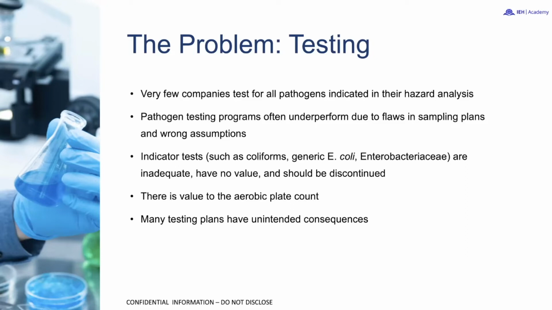Every other indicator organism that you can think of, whether it be coliforms, fecal coliforms, generic E. coli, or even Enterobacteriaceae, is a very much flawed indicator organism. Others in my profession have gone on record as saying that we really need to quit doing tests like coliform, fecal coliform, E. coli, and Enterobacteriaceae testing.